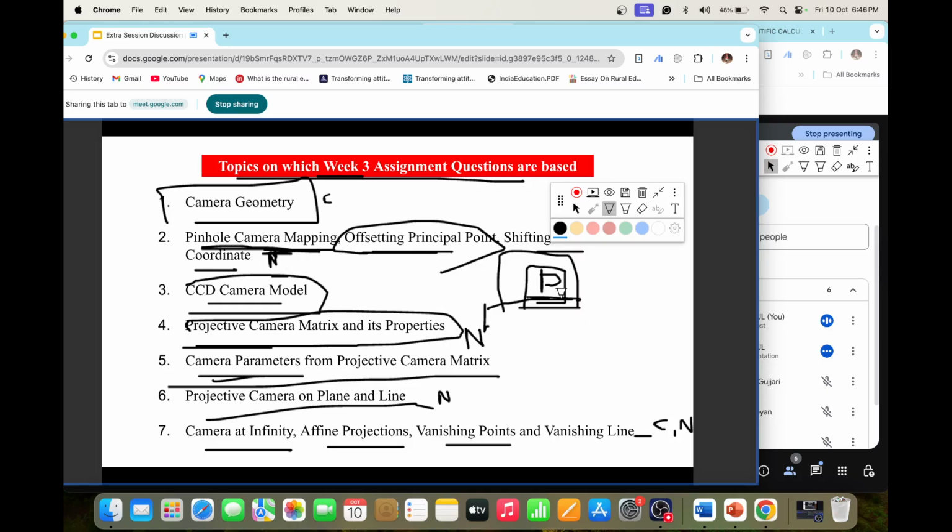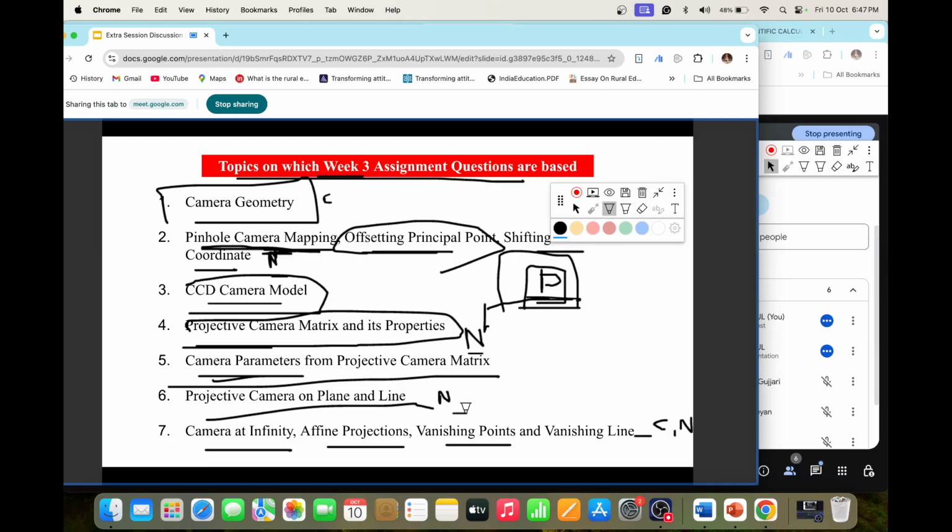And once you have P, you can get different camera properties from your projective camera matrix, like what is the camera center, etc. Again, very important from a numerical point of view. And then camera parameters from this projective camera matrix that I have told you. Then projective camera of line and plane, again numerical point of view.